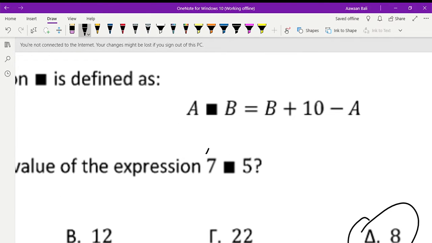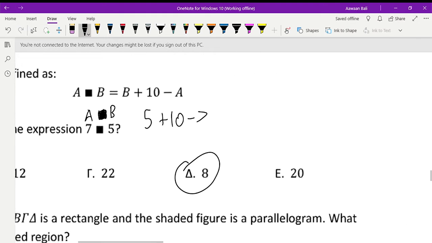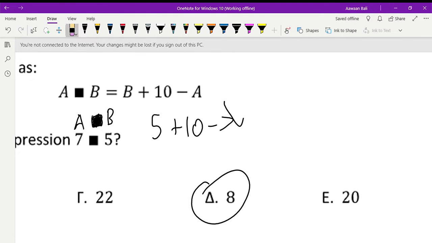Now if we substitute, that means this is a and this is b. We can change that in. So basically, we're substituting, right? So we do 5 plus 10 minus 7. Now remember, when you do addition and subtraction, you don't have to do BODMAS because either way you get the same answer.